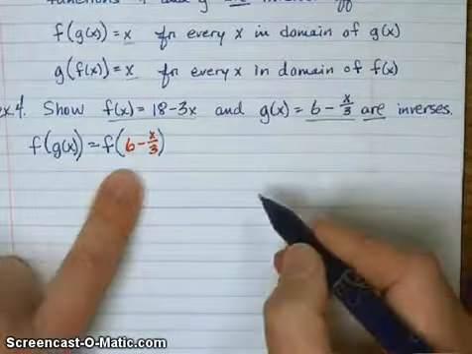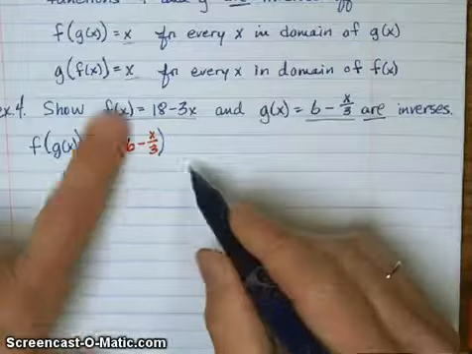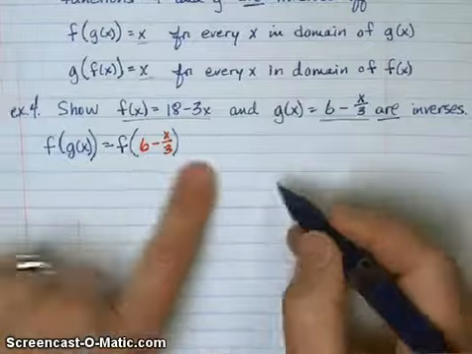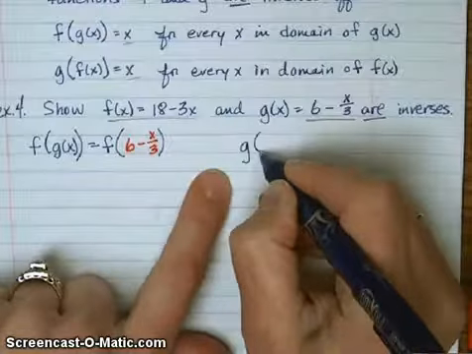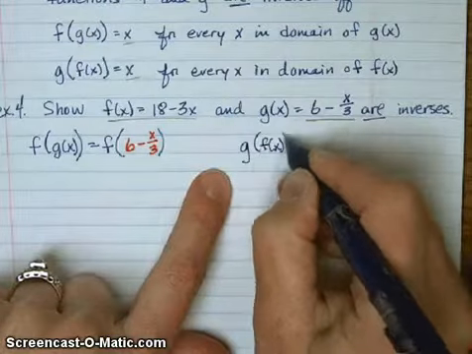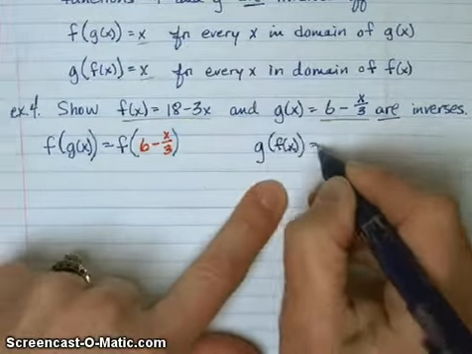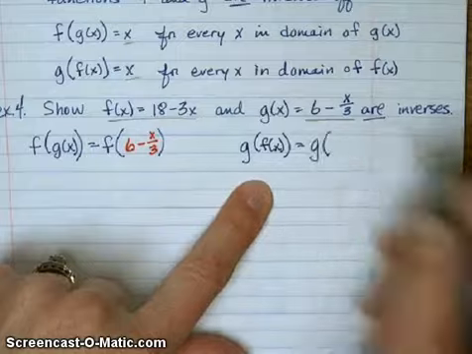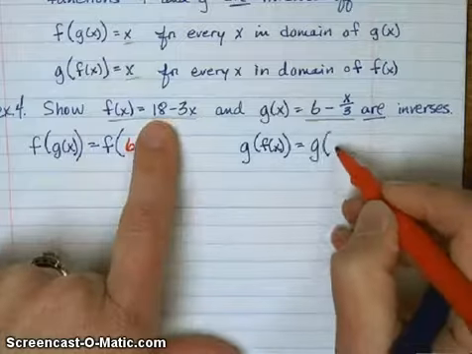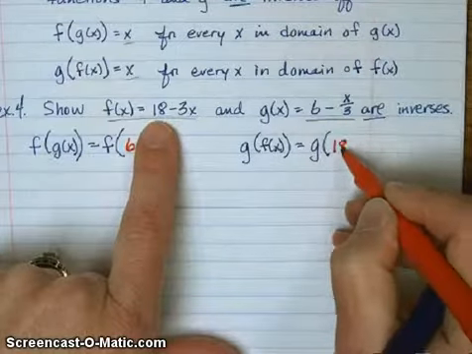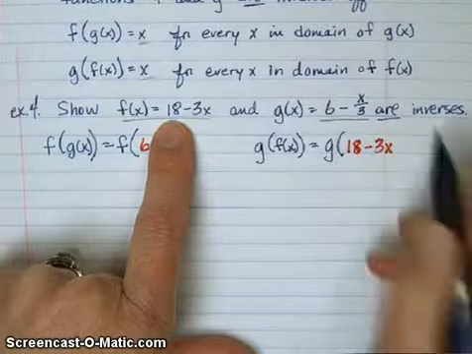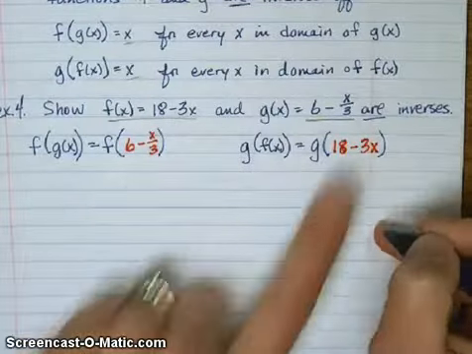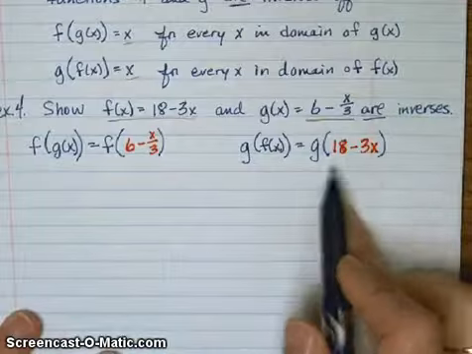We have to prove that that equals x. The other one we have to do is g composition of f, which would be substituting the f function, 18 minus 3x, in function g. We have to prove that that equals x.